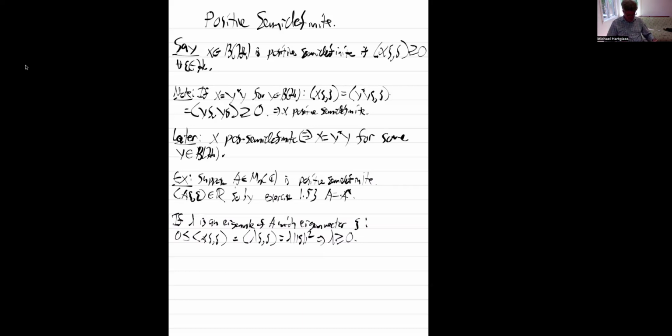Consequently, this implies A is equal to some unitary U times this diagonal matrix D with entries lambda 1 through lambda n on the diagonal, and then U star.